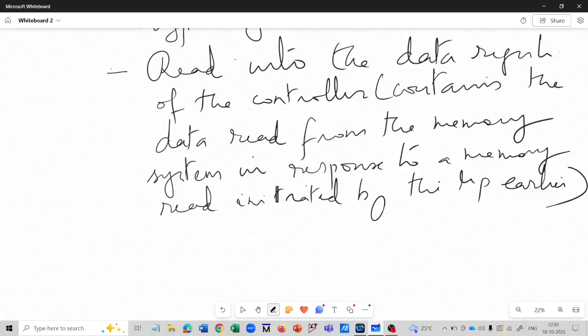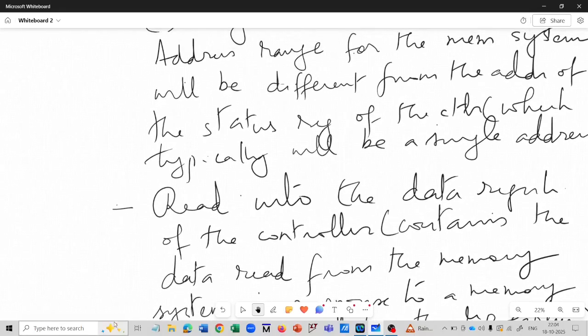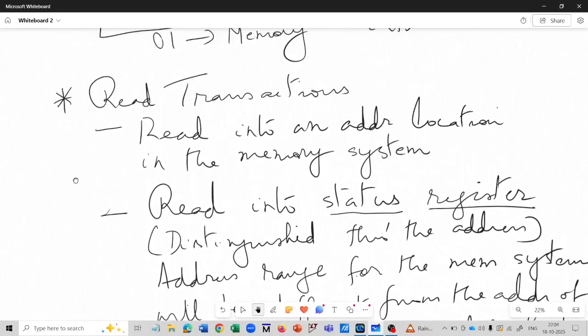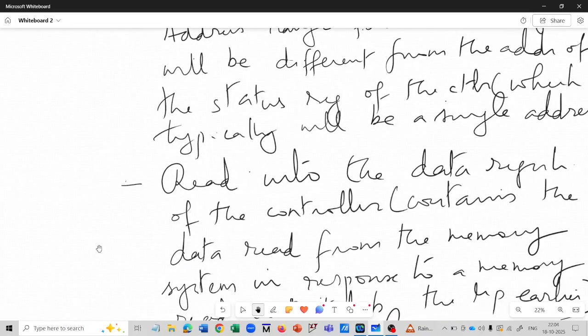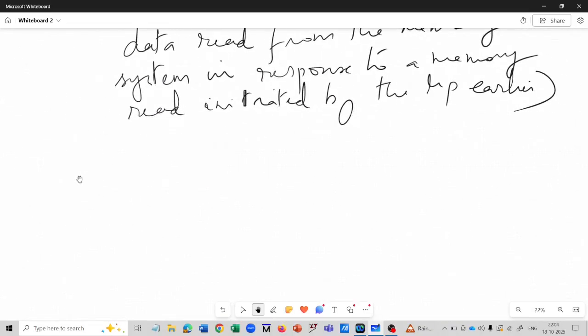Therefore, the interrupt service routine will first read the status register, and if the status register indicates successful completion of the transaction, then it could be followed by a read into the data register, eventually for retrieving the data that was fetched from the memory system. So therefore, you can see that the memory controller has to support three different types of read from the processor side.